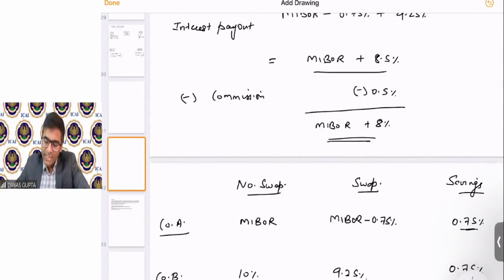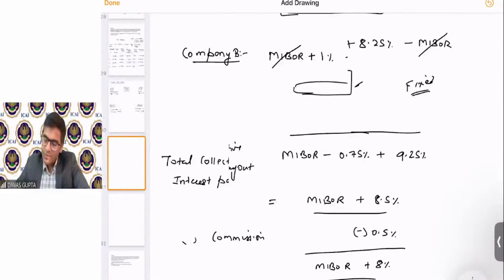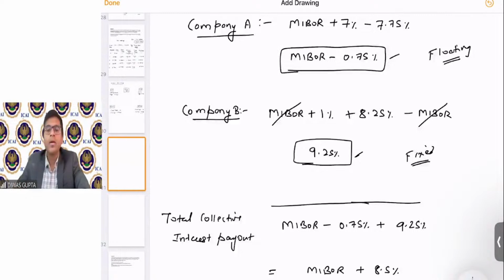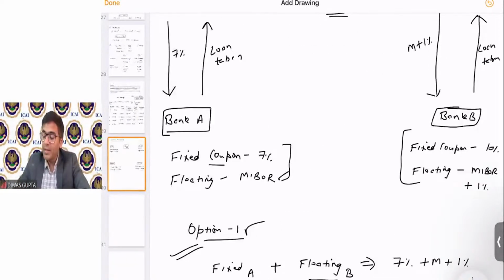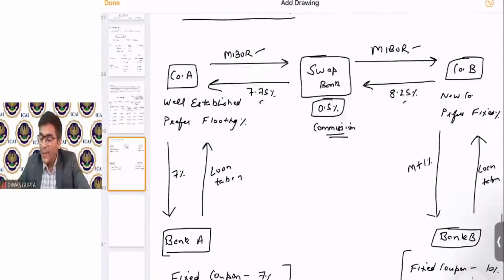Because Company A's rates of interest are lesser than Company B's. Even if you see the fixed coupon, there is a 3% saving. Even in case of floating, there is a 1% saving. So essentially, if the swap bank is not asking Company A to pay MIBOR plus 1%, that means the swap bank is telling Company A that 1%, you keep.